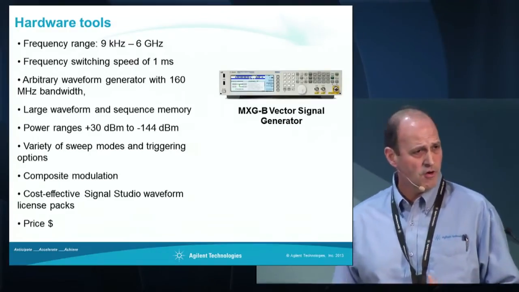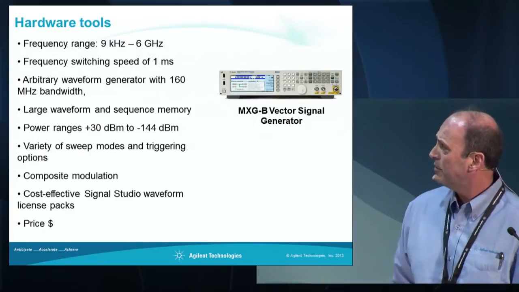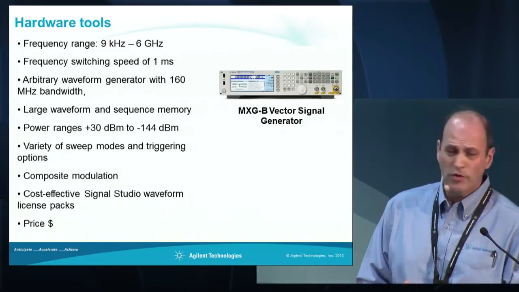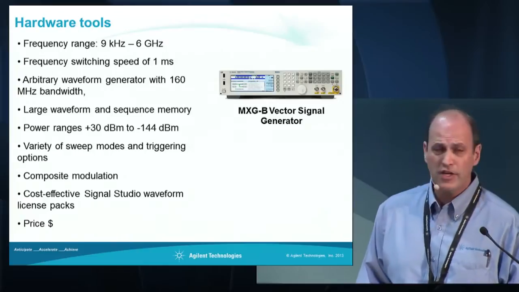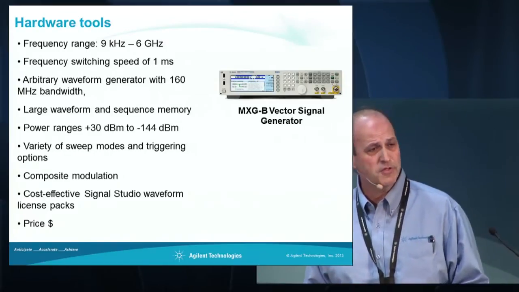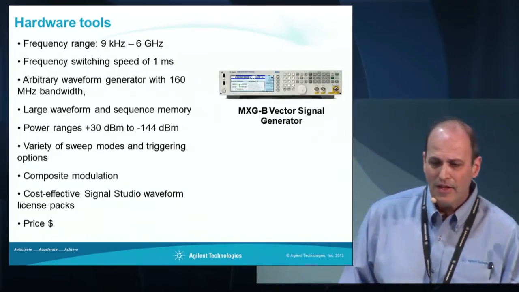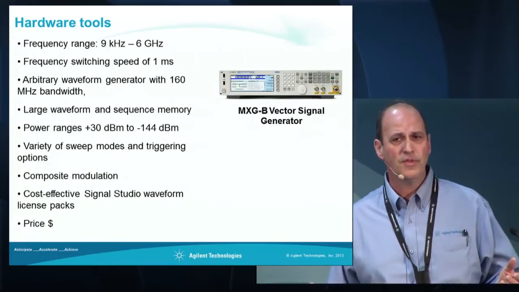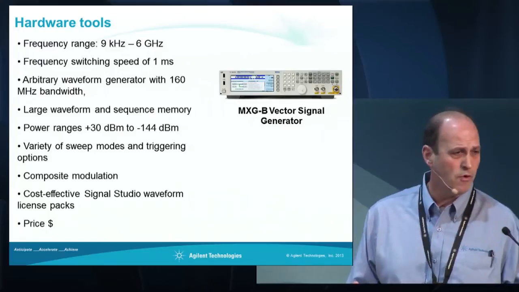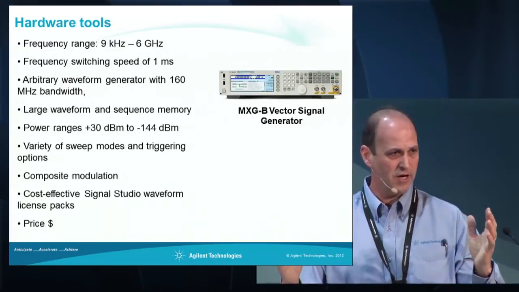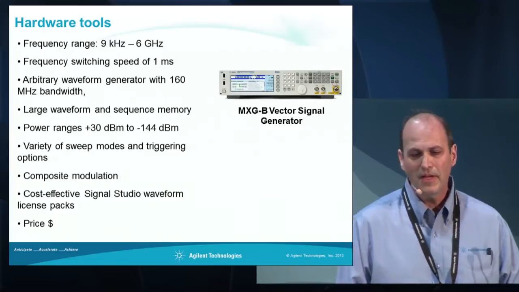All right, so on the hardware side, a typical signal generator might be something like this MXG, which covers the 6 gigahertz range, has fairly fast frequency switching, so it can go from one frequency to another in a millisecond. It has wide arbitrary waveform generator bandwidth, so you can simulate 160 megahertz of bandwidth at the same time.